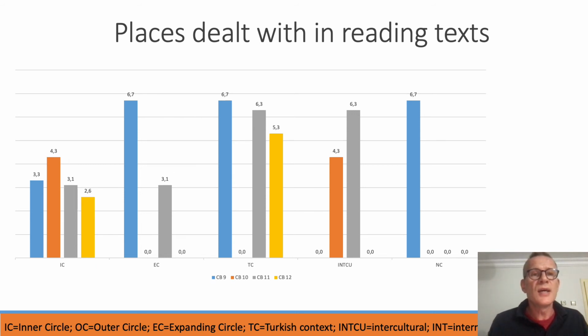We can see that the book for the 9th grade deals less with places in the inner circle. However, as you can see, no more than 6.7% of the reading texts, for example in course book 9, contain a place that refers to the expanding circle.